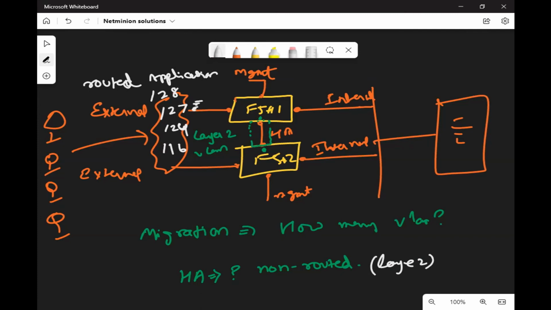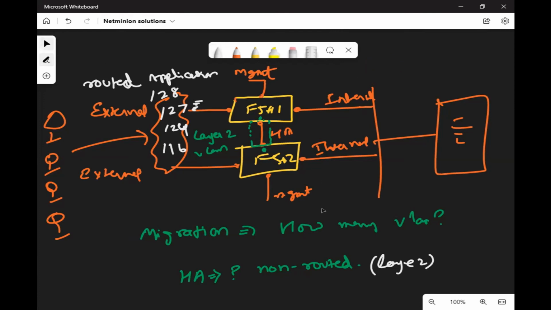Similarly, for internal, how many servers do you have? Could be more than 3 servers, 4, 5, 7, 8 servers. Depending on that, you will be taking the VLAN subnet information.